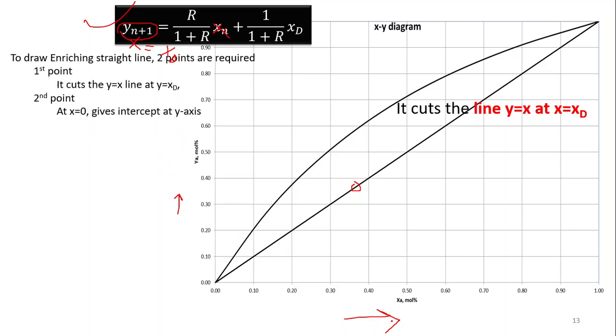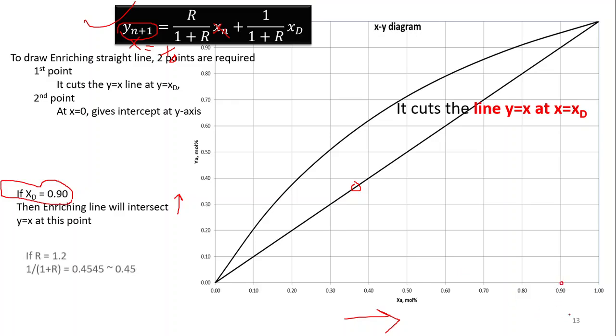Suppose we assume xd is 90%. This is a thumb rule: you have to always assume the xd value to be 90% or more. If you put 90% here, this is the point where both lines intersect with each other.